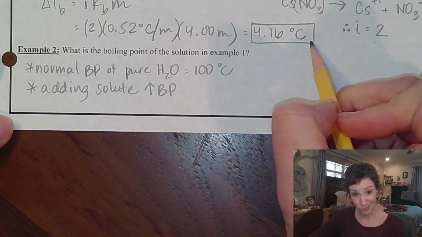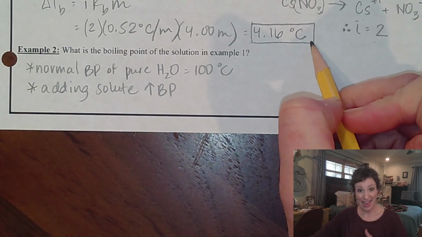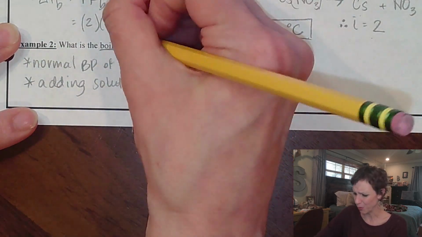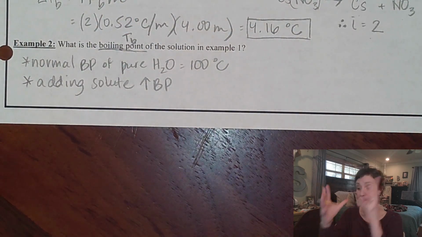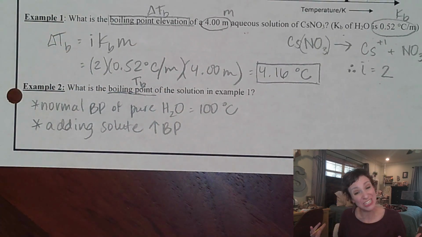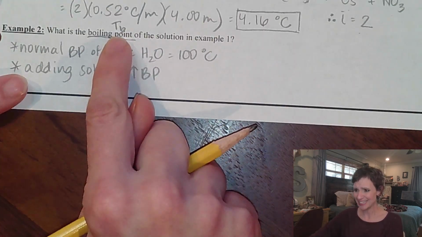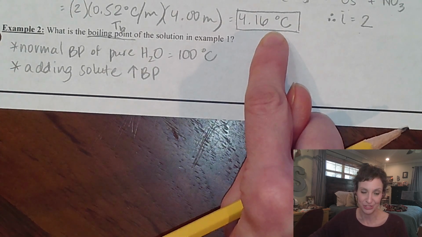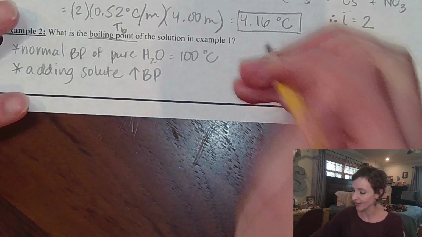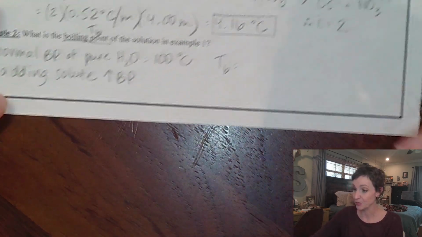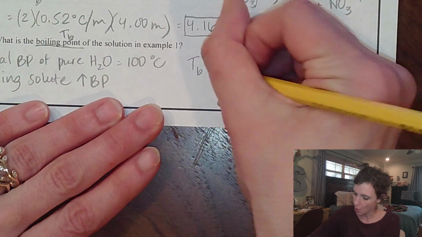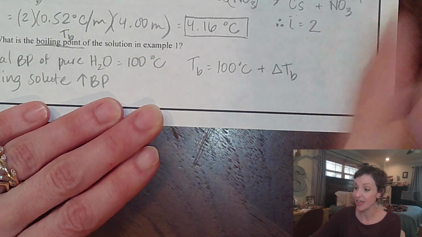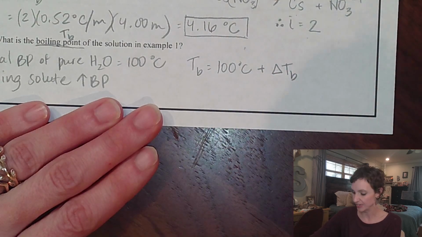What we have calculated on the previous problem is, oh my gosh, you guys, by how much I have raised my boiling point. So here when they're asking just for the boiling point, meaning the temperature at which it boils, no longer the magnitude of the change in the boiling point elevation, I just get to add that value to 100 to figure out the temperature at which the solution would boil. So that new boiling point would be equal to 100 degrees Celsius plus whatever that change, that boiling point elevation, was in the previous problem, right?